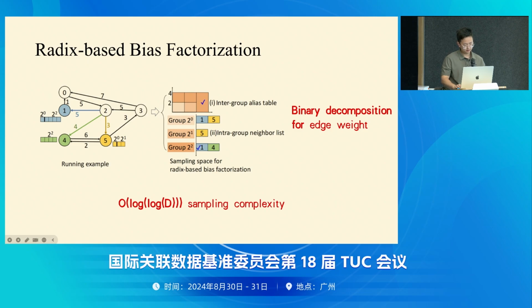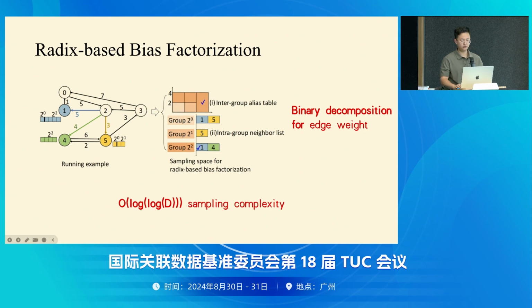Then, for all edges of each vertex, each nth power of 2, ranging from 0 to log D, will get a group of edges, and we can easily get the sum of them by the prefix sum. For the different nth powers of 2, we can create a prefix sum array of them, which contains only log D numbers, for ITS.